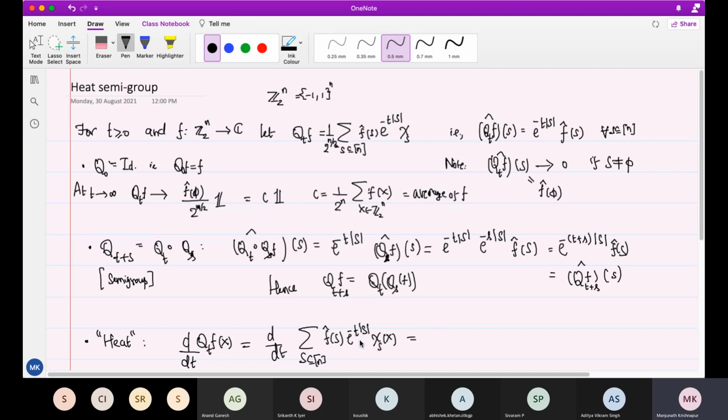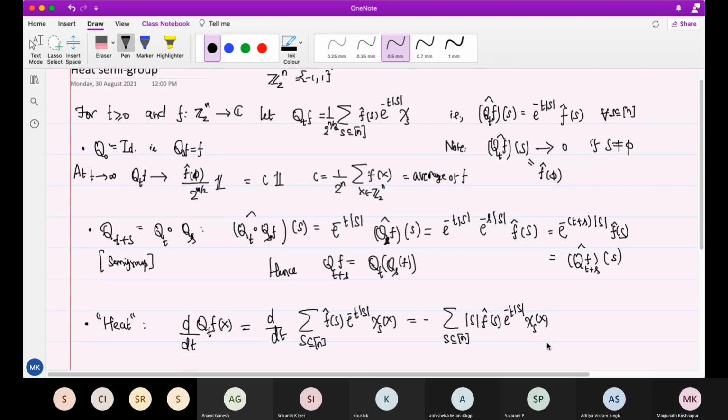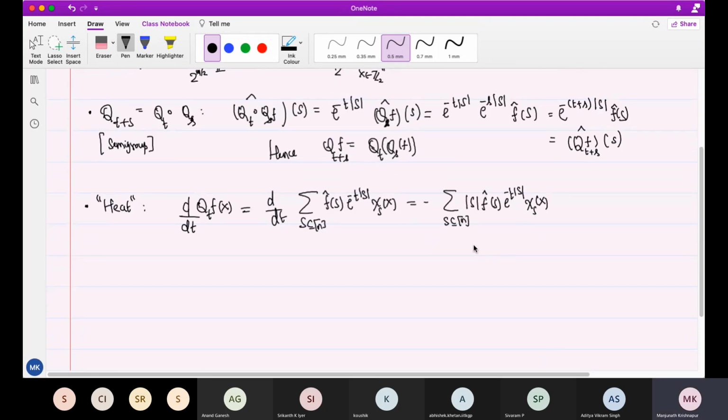You differentiate this e to the minus t mod S, right? So you get minus, okay, you get something like this.